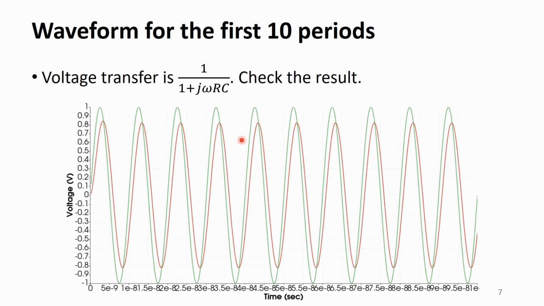This figure shows the voltage waveforms. The green one is the input signal. The red one is the output voltage. Remember that the frequency is 100 MHz. Using these parameters, you can check the result.